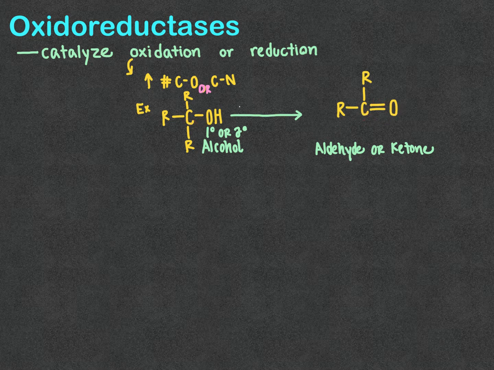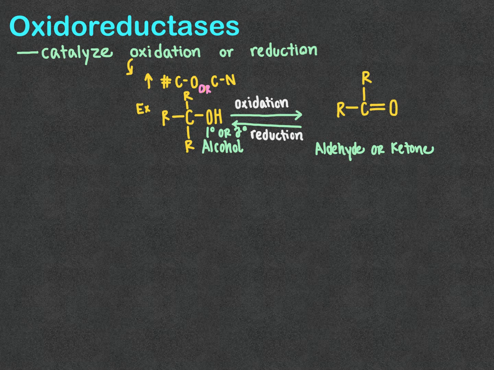Therefore, we describe that as oxidation. Reduction is the opposite process, where we are decreasing the number of bonds between carbon and an electronegative atom. So in other words, if we went from an aldehyde or a ketone to an alcohol product, we would describe that process as reduction.